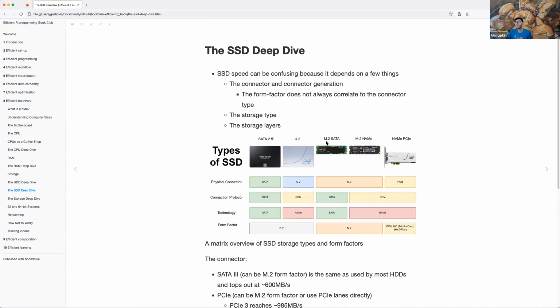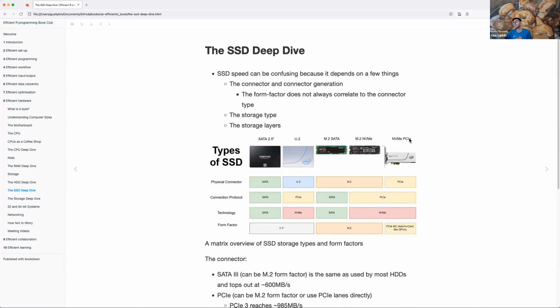M.2 gets confusing because SATA is a protocol and a form factor. And here the M.2 connector is using the SATA protocol. And then you can also have a faster protocol with PCIe that uses NVMe technology, or you can just plug it straight into a PCIe lane with NVMe.